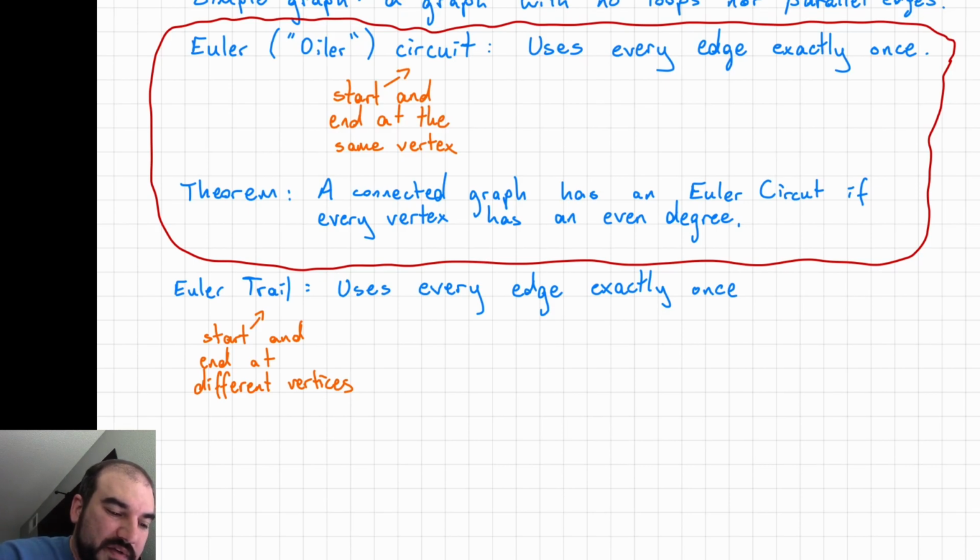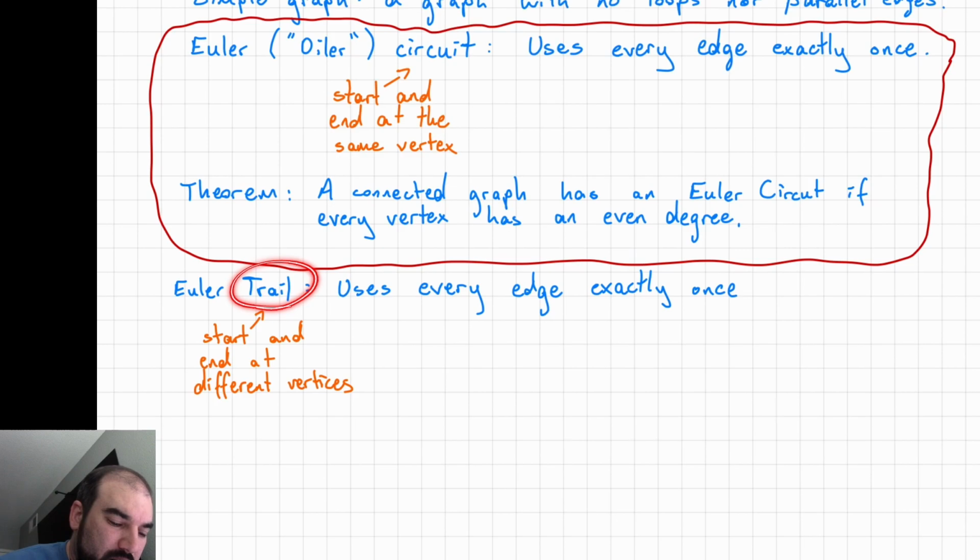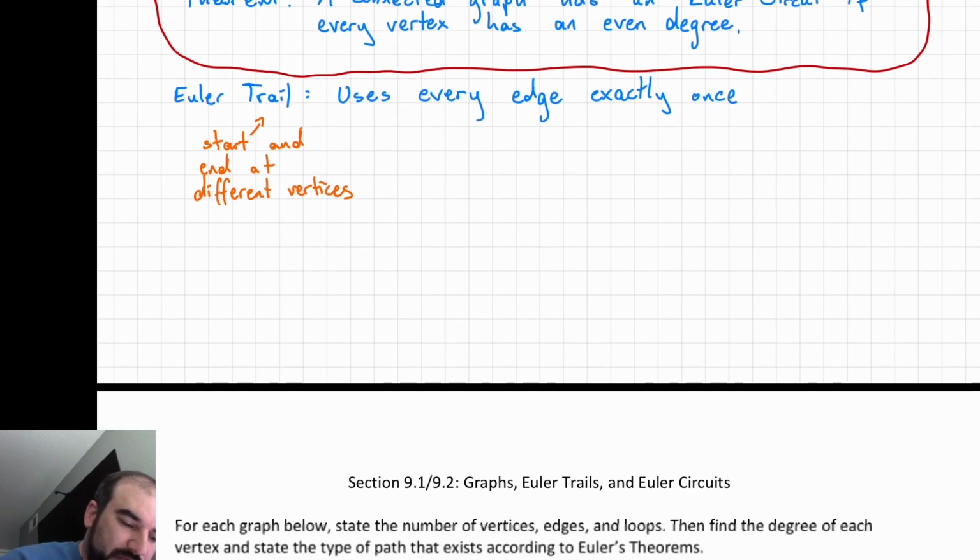So the difference there is the circuit has to be a closed loop, essentially, ending at the same vertex that you started at, whereas a trail is going to start at one vertex, go around and collect every edge, and end at a different vertex. And I'll just give you the theorem for a trail as well.